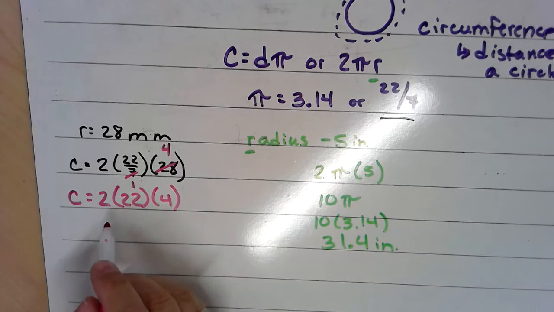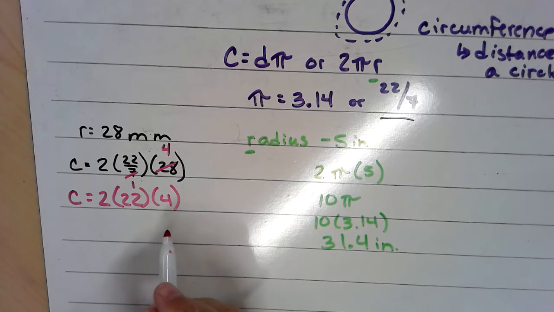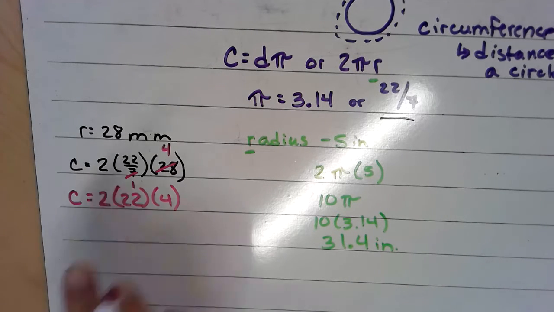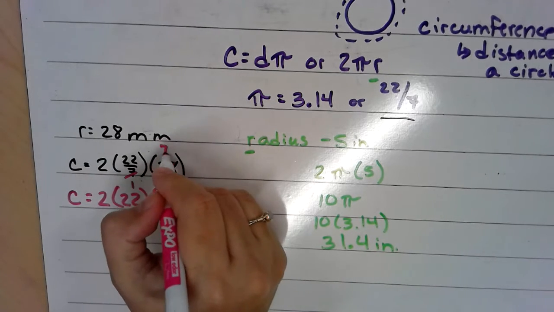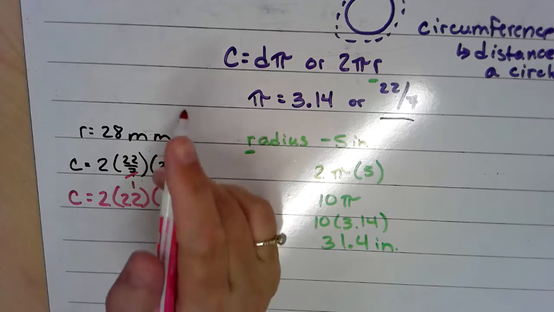So 2 times 22 is what, 44? And 44 times 4? I think, oh, I'm sorry, that's 7. That's what's funny. Oh my gosh, sorry. No, that's right. 7 goes into there 4 times. That's right.